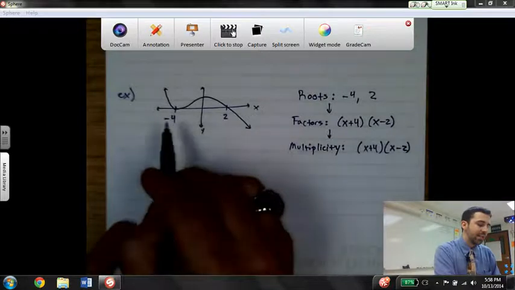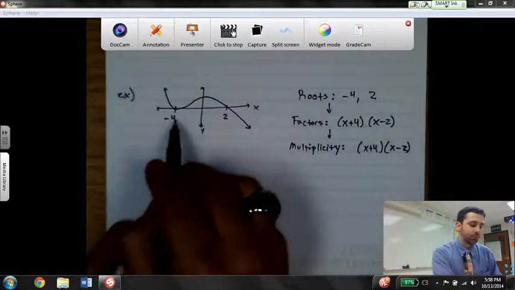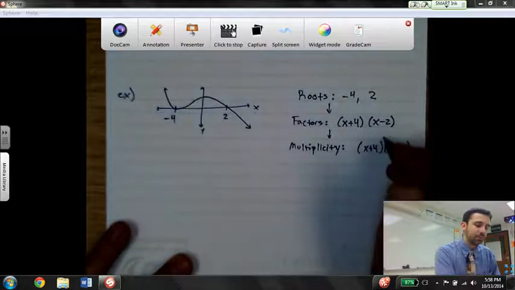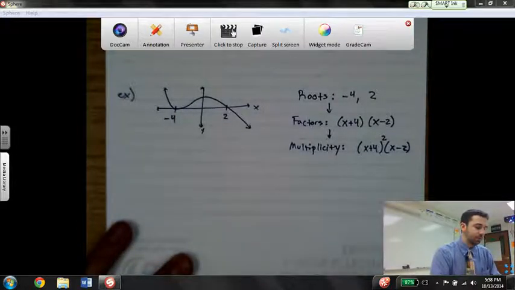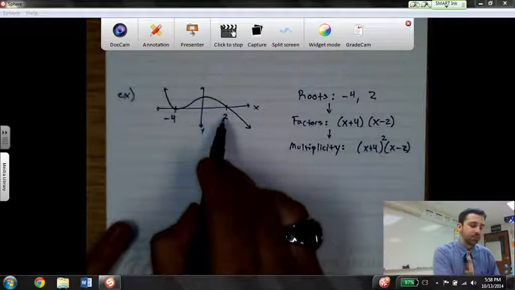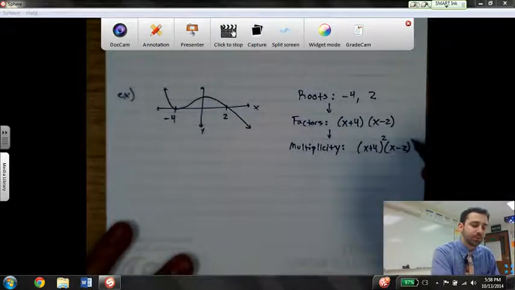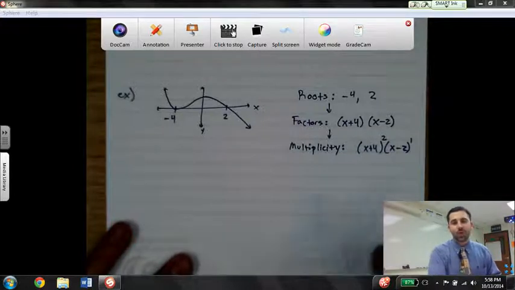Which, as I see at the root negative 4, I have a mini parabola where I'm bouncing back. So my multiplicity is 2. And then at the 2 root, I notice that I'm just crossing straight through, so my multiplicity is 1. You can write 1 or leave it.